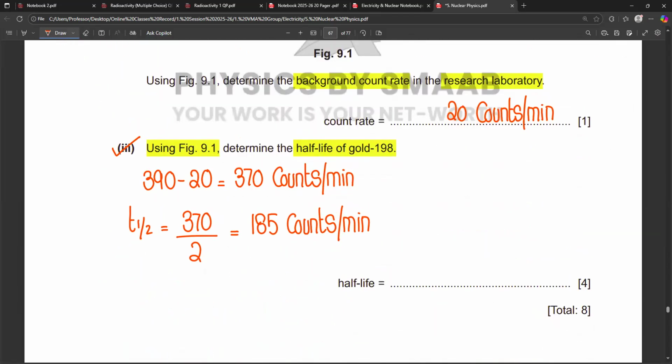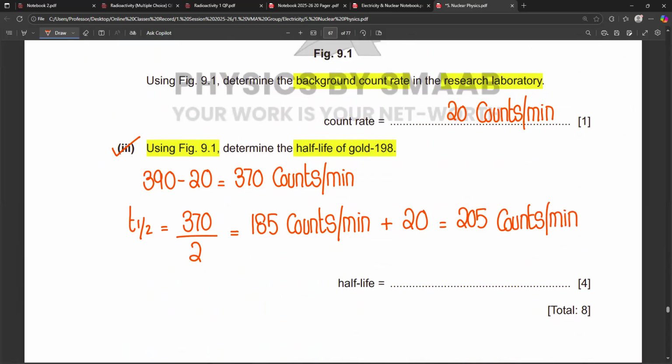So in the final value, you have to again add the background radiation, which is 20. That gives you the value 205, because the counter always reads the background radiation. 205 counts per minute.